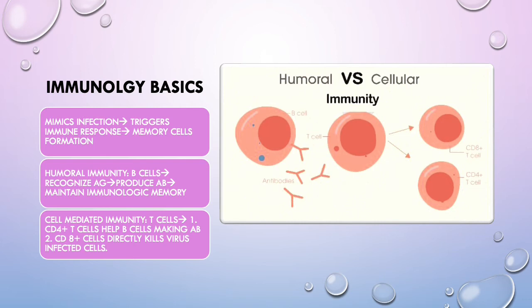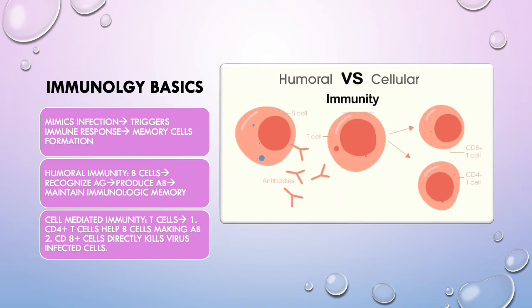The humoral immunity works so that the B cells are able to recognize foreign substances, antigens, and in response to an antigen, they will produce antibodies, and in that way maintain an immunological memory in our bodies. That serves as an important protection from infections for us.